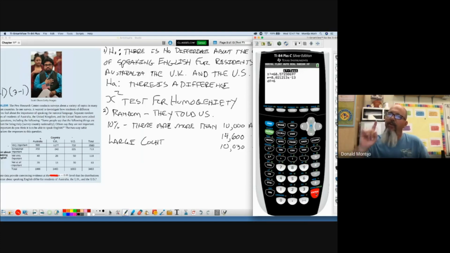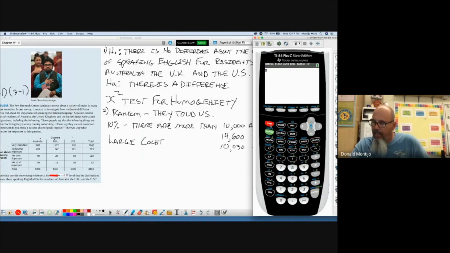Well, first I forgot. We need to make sure that the large count has been satisfied. So I need to see what were the expected values. When we run this test, the calculator does all the expected values for us. So all we need to do is go back into matrix. It puts all of the expected counts in matrix B. Whoops, that's not what I meant to do.